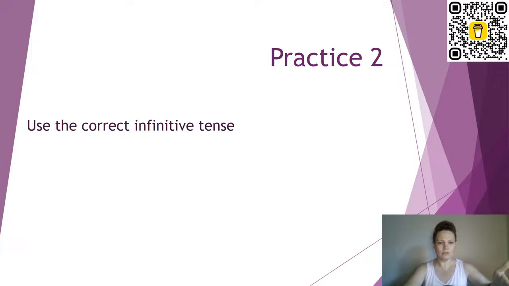So let's look at my example first, and then you will get what we need to do. The task is to use the correct infinitive tense that we have already looked at. The initial sentence: I think he left. He must have left.